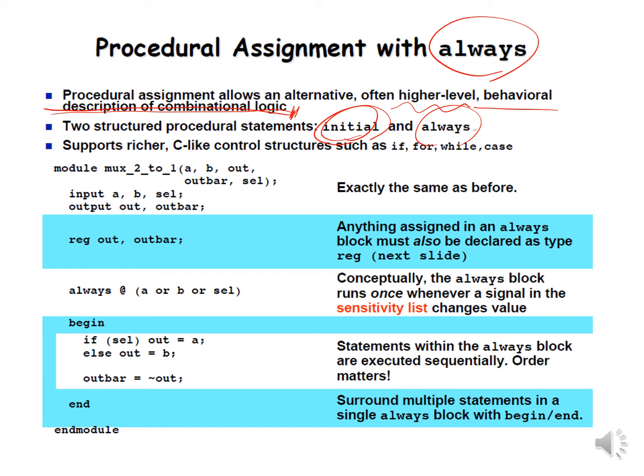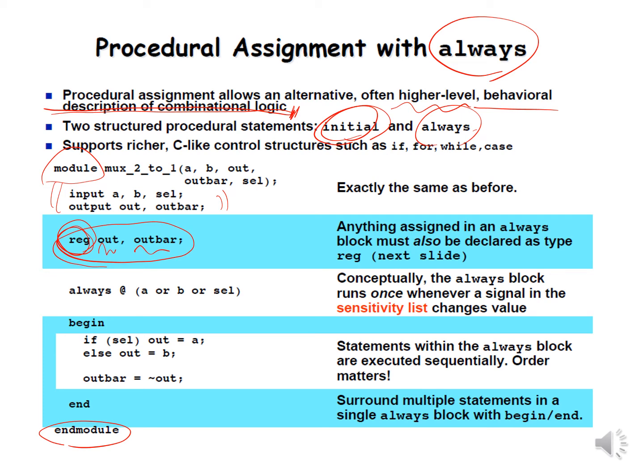In the previous example, we looked at the 2 to 1 multiplexer. We can also describe the 2 to 1 mux using the always statement. So we have a module definition here. The input port definition is the same as before. The difference here is we added a register definition, out and out bar.